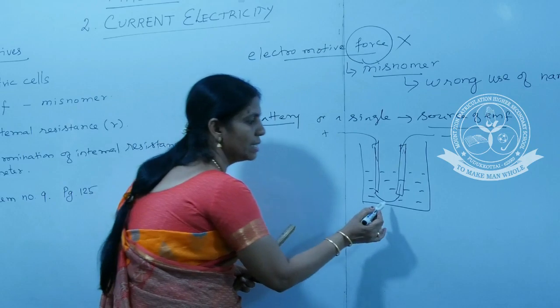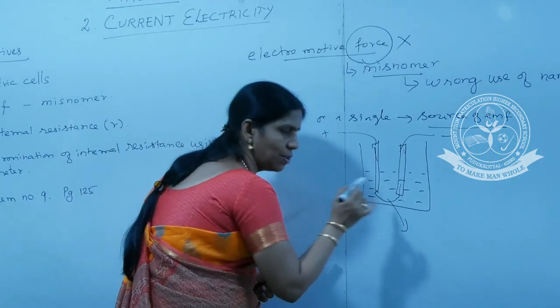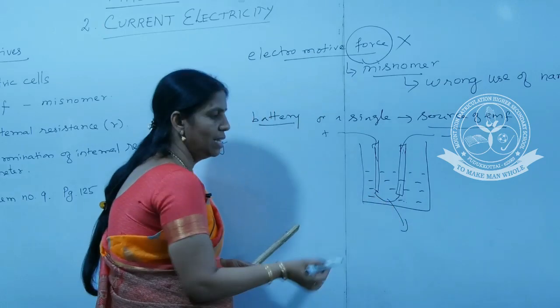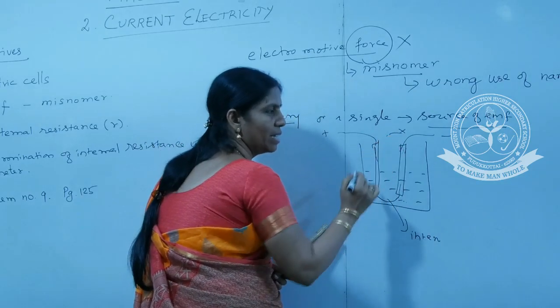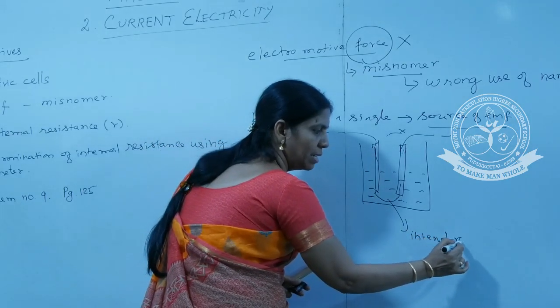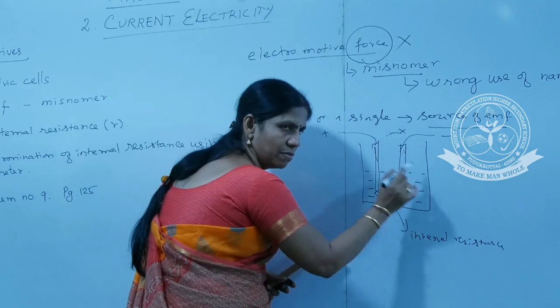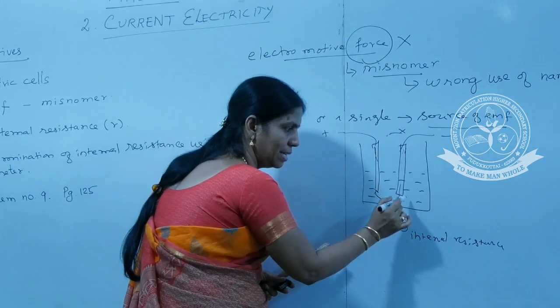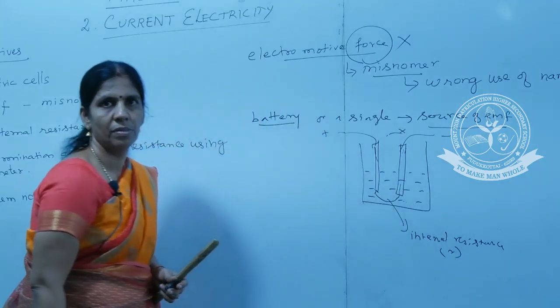So, the resistance offered by the constituents of the cell is nothing but the internal resistance. We do not connect any resistance externally, but it is the resistance developed inside the cell itself, which is offered by the electrolyte, and this internal resistance is small r.